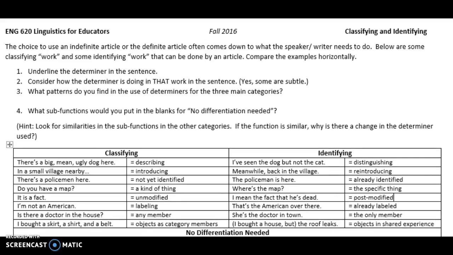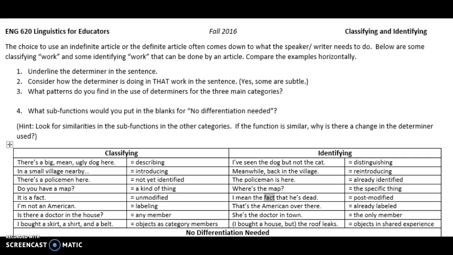A lot of times unmodified nouns might have the indefinite article, but when we post-modify a noun, in this case with a relative clause that he's dead, after the noun fact, we often use the definite article: the fact that he's dead, versus a fact that he's dead, which would sound strange to us.